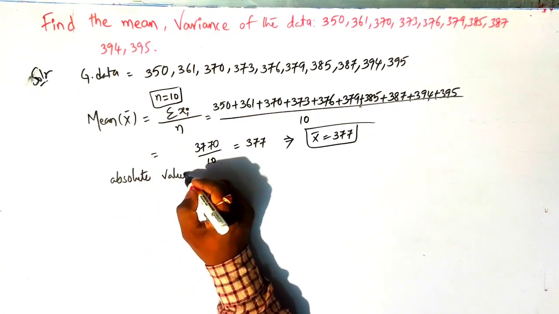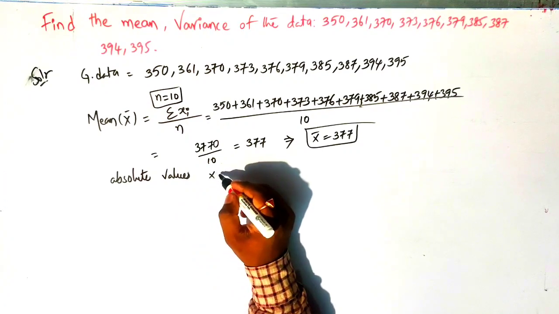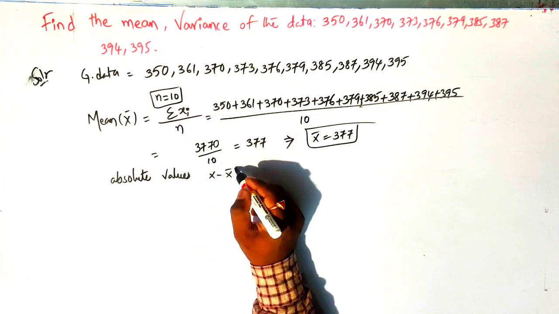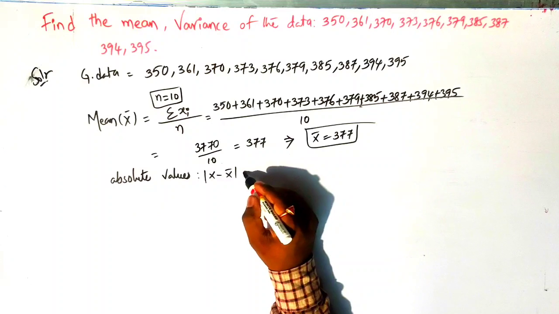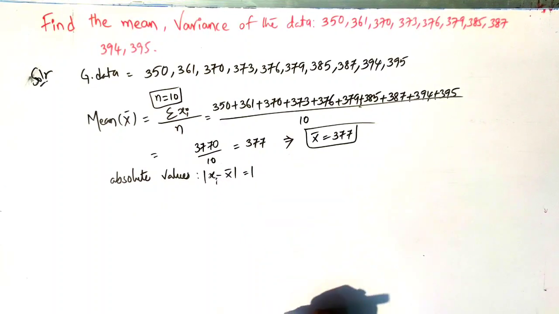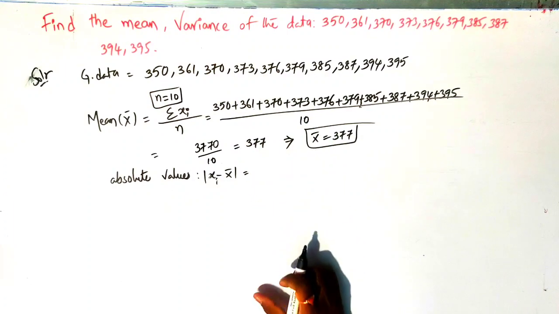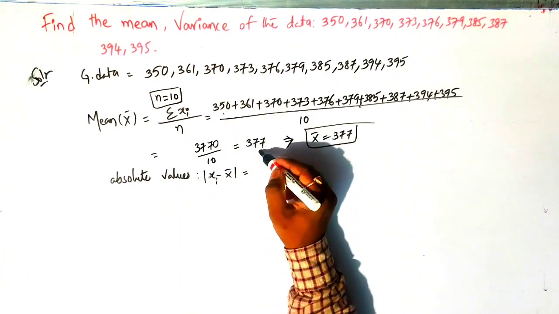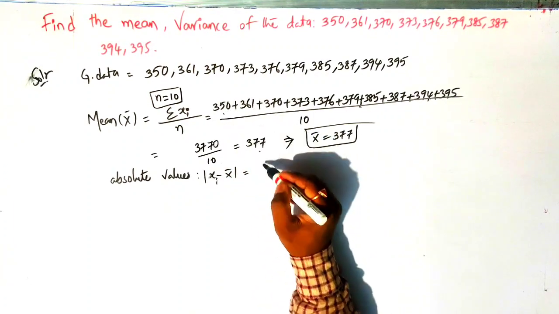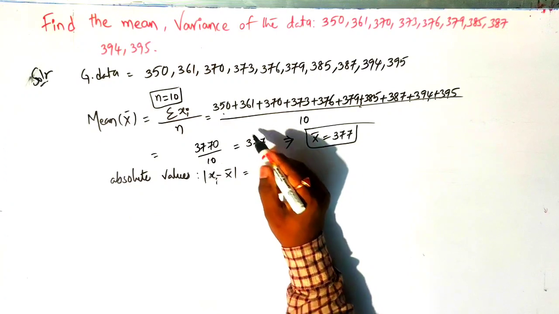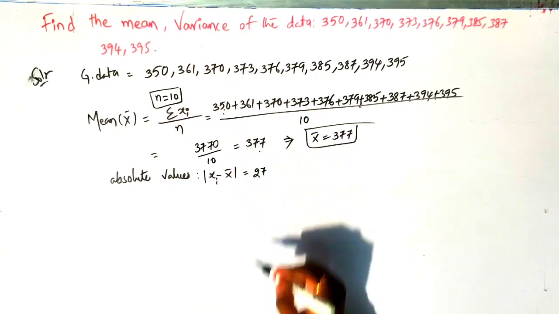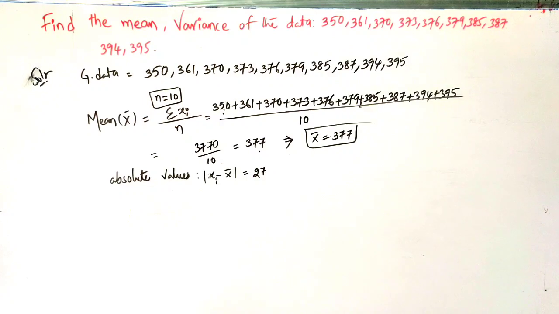Absolute values. So what we take here is mod x minus x bar. So directly we write now: 350 minus 377. So we get 27. Clear? Next one, modulus is there, so we get all positive values, don't take negative. Clear?